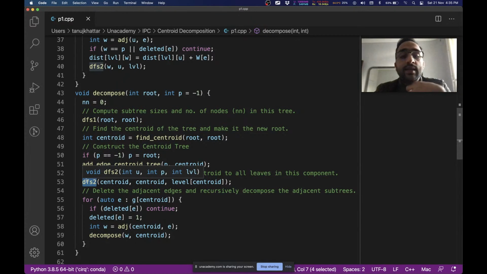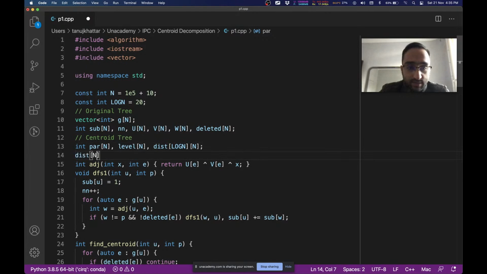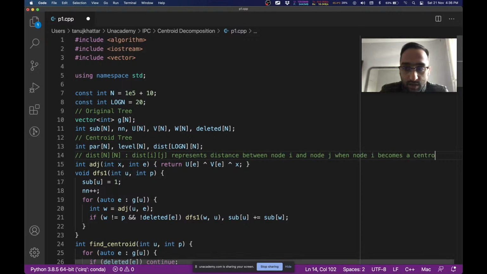The trick here is that to store this processing, instead of storing an n square array, so I could have also done something like distance of n cross n, where distance of ij represents the distance between node i and node j when node i becomes a centroid, right?